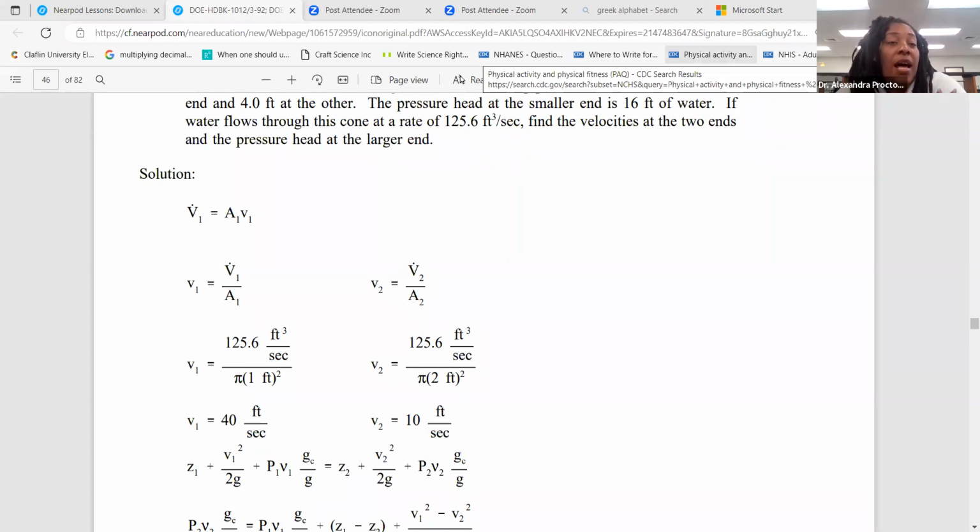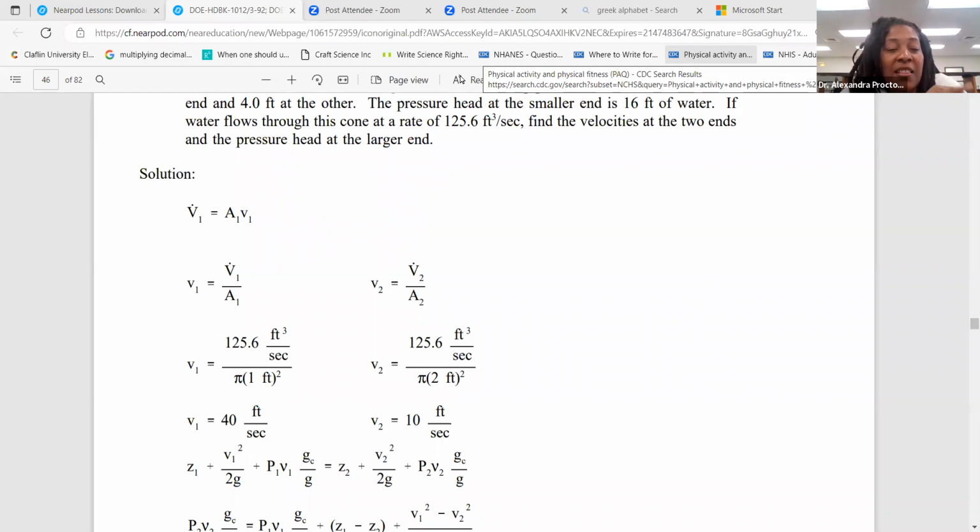So the solution is to use V dot equals A1 times v1, and they get v1 by itself. v1 is equal to V dot over A1, and then v2 is equal to V dot over A2. And so they plug in and solve because we're trying to find the velocities at these two ends.